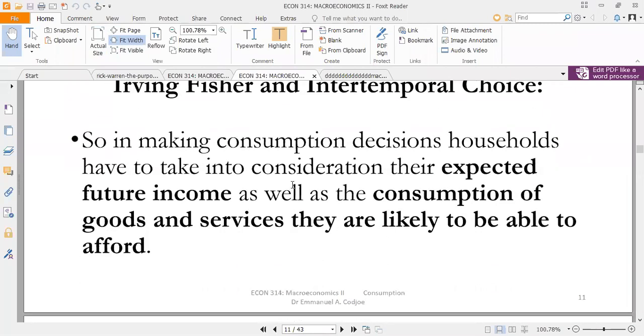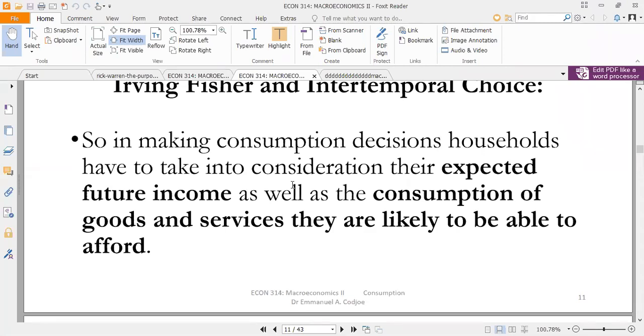Now if you want to make a decision as to what consumption level you need to consume, then one, you have to also consider your future income, the income that you are expecting to receive in the future, and also the prices of the goods and services in the current period and in the future period too.